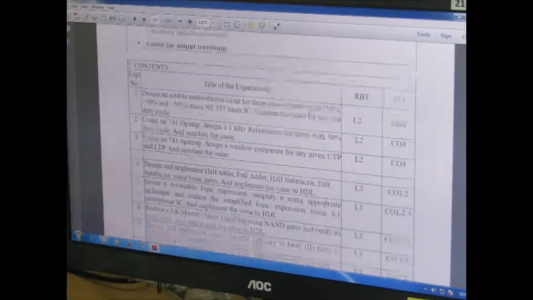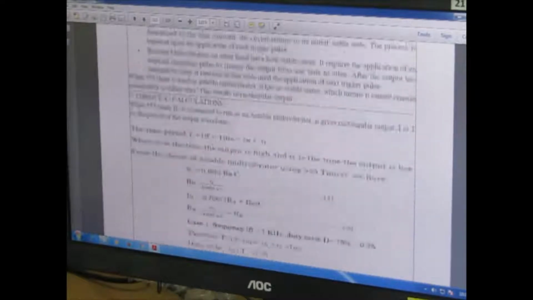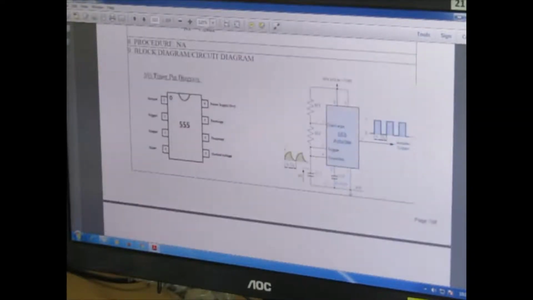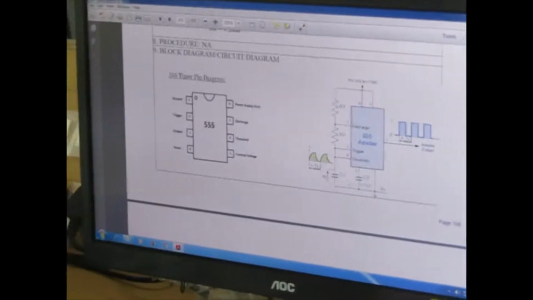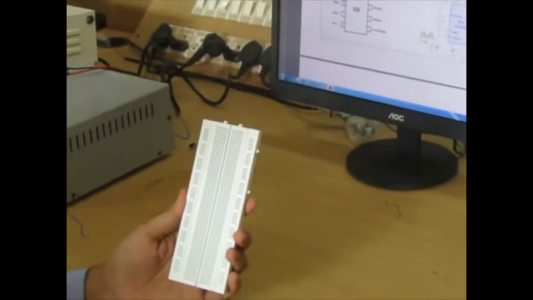Now we will go through the diagram of the astable multivibrator using the 555 timer. Before that, this is our breadboard, and I am going to keep it this way.